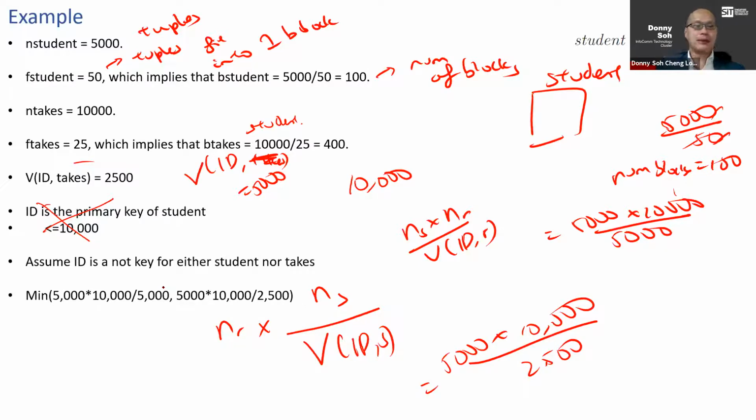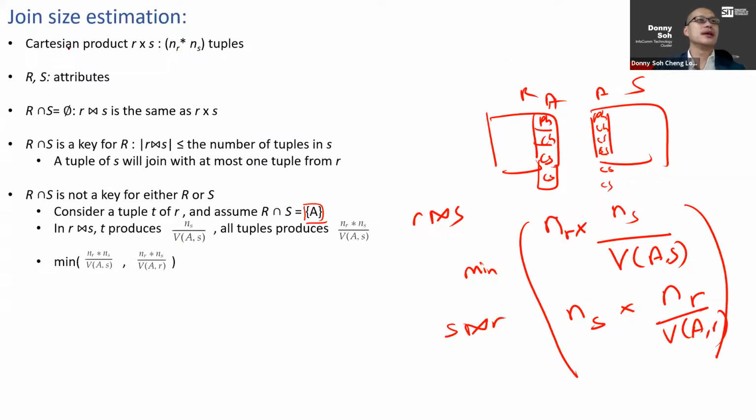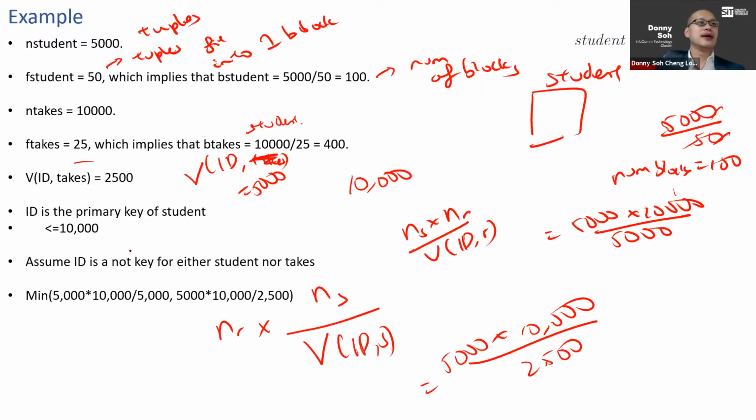Okay. Let's go back to this. If ID is the primary key of student, let's go back, what's the formula? If I do the join between student and ticks, oh, I know already.